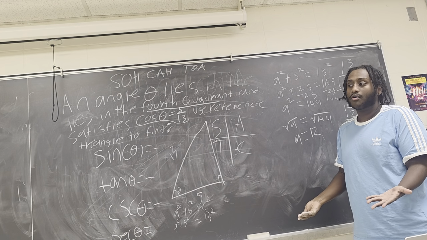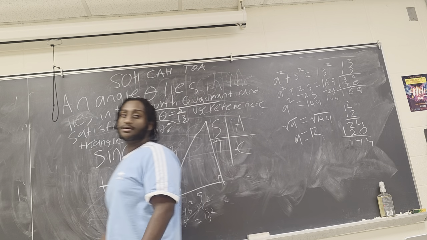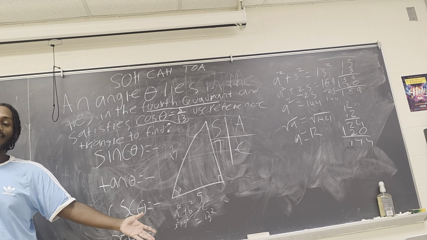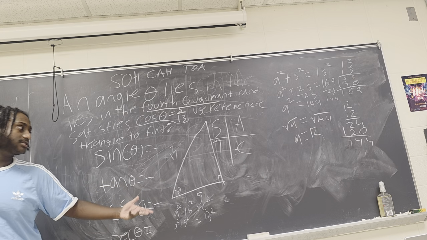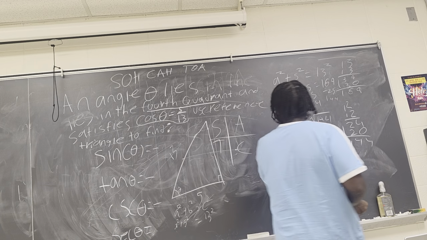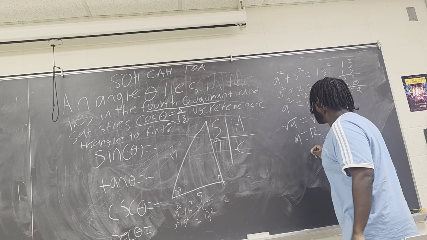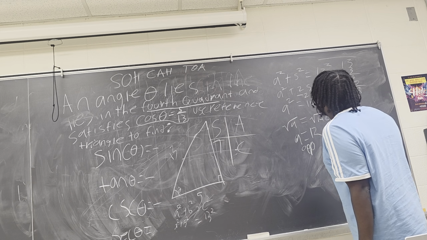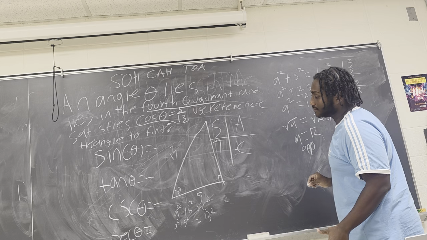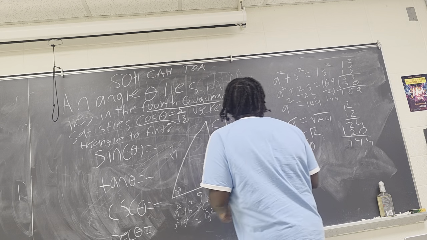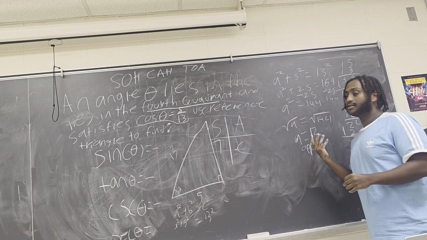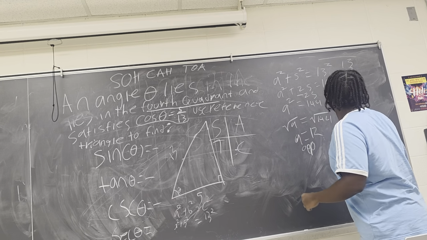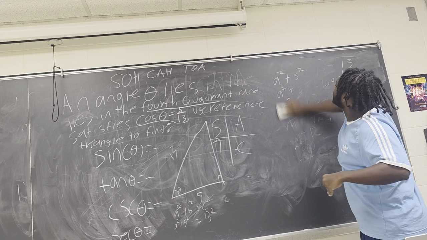That's not possible. Like if I walk from here to here, I can't walk negatively. That's not possible, so A is 12. Now we have A, or should I say the opposite. So now we are given this, and here, take a screenshot if you need. I'm gonna go ahead and erase this.